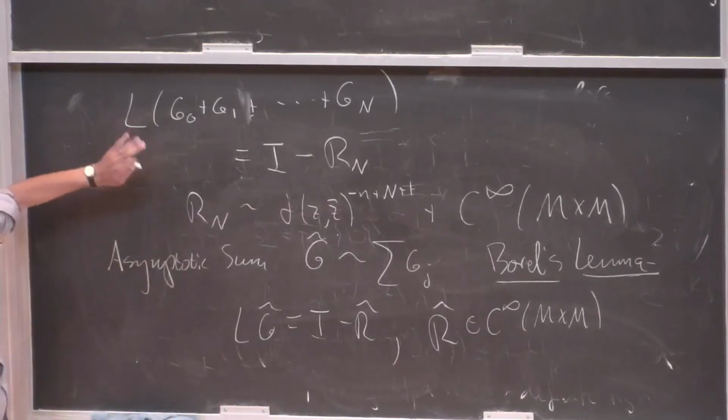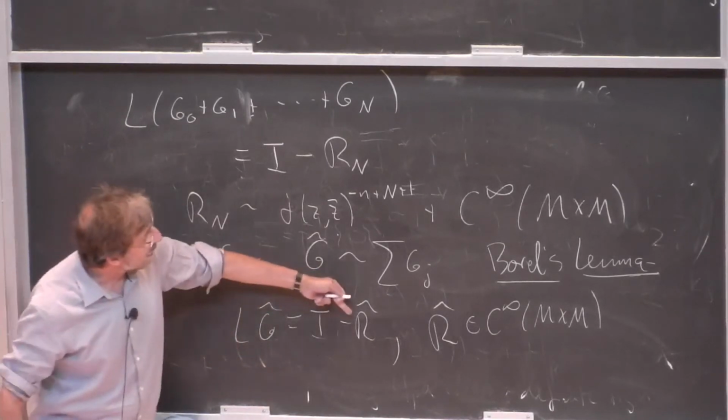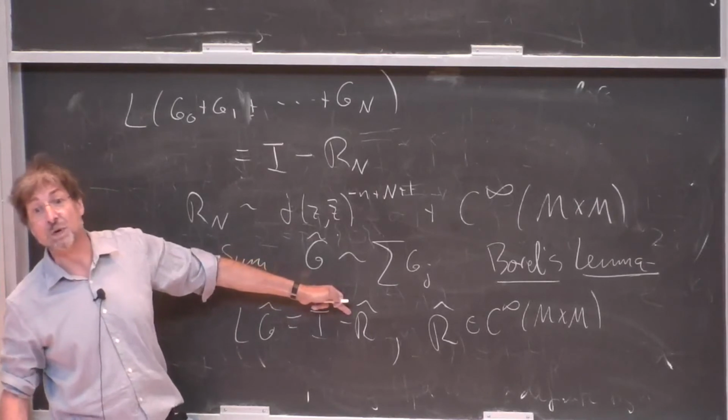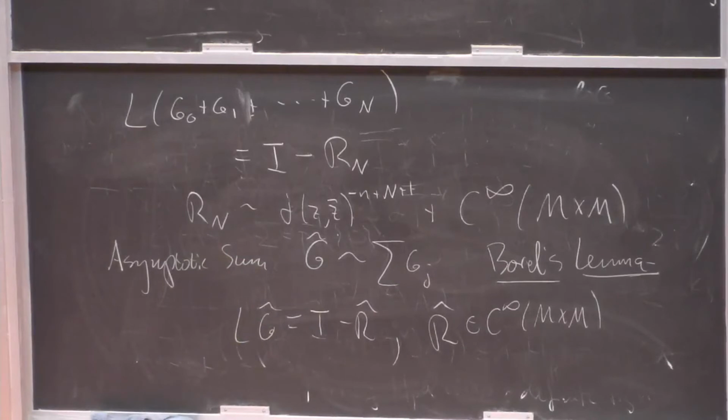Okay, so this works on any manifold. The difference is that R tilde is smooth, and if you're not on a compact smooth manifold, this R tilde will not be a compact operator. So let me state that clearly, because that's an important issue.